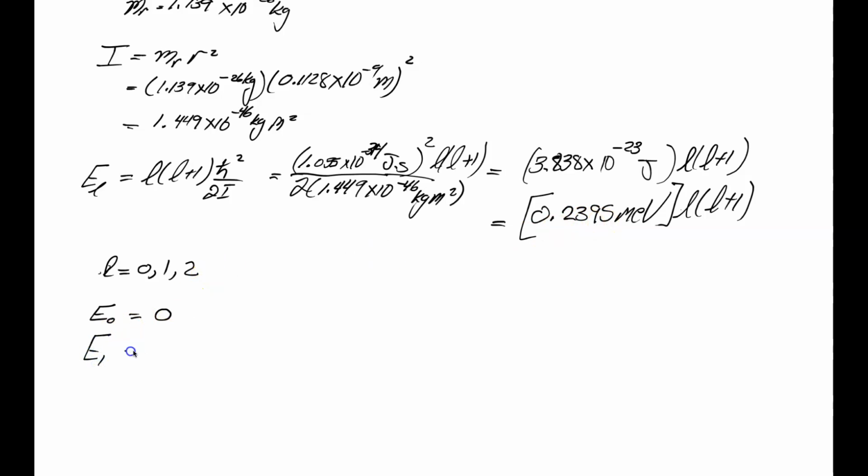E sub 1 would be what we get if we plug 1 in for L, so that would be 0.2395 milli-electron volts times 1 times 2, since 1 plus 1 is 2 times 1.